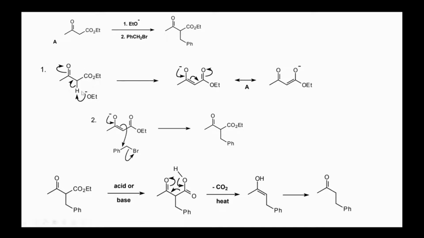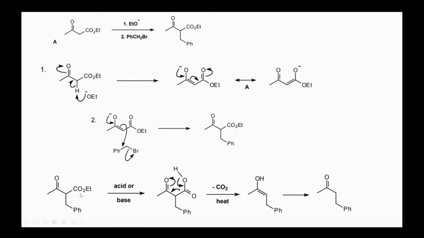Okay, so how this mechanistically works, this base picks this proton, generates a negative charge which is resonance stabilized, and this negative charge reverts back and this double bond shifts in this position. This bond goes there. These are the canonical forms, and then you can use this strategy to alkylate the alpha position. So this is the product, the alkylated product.